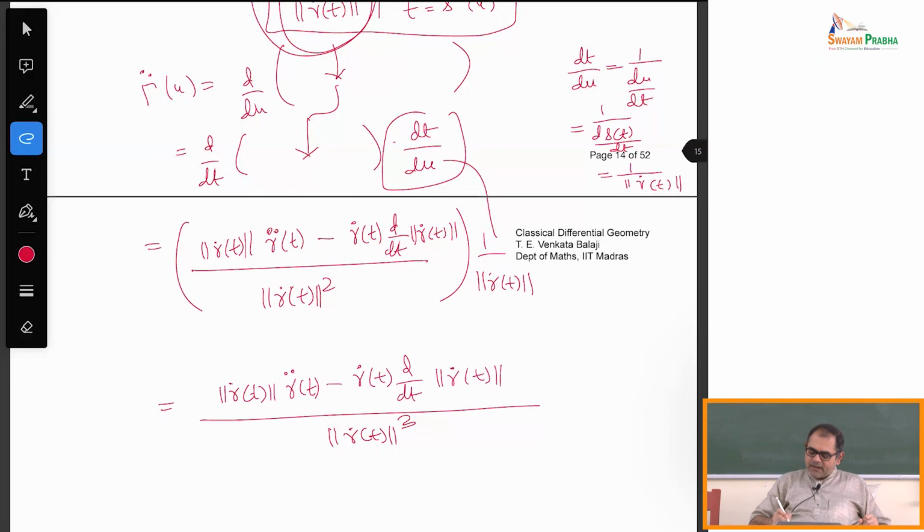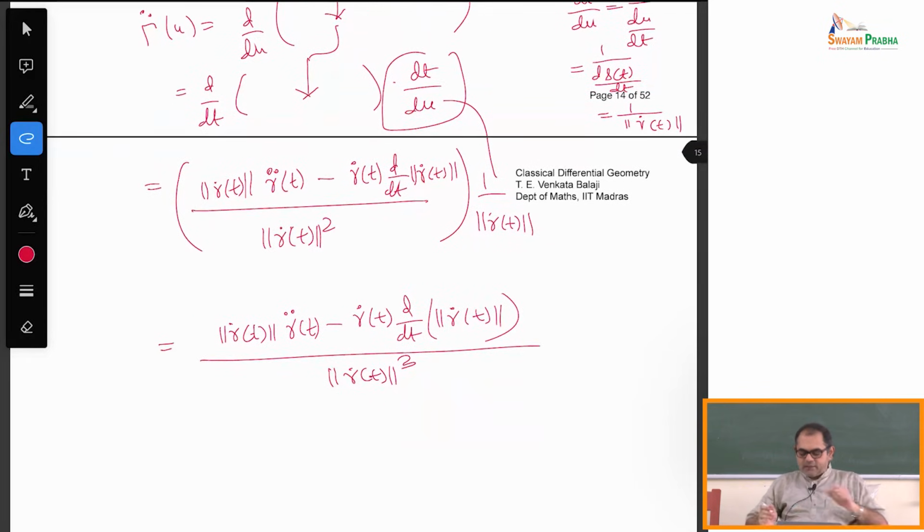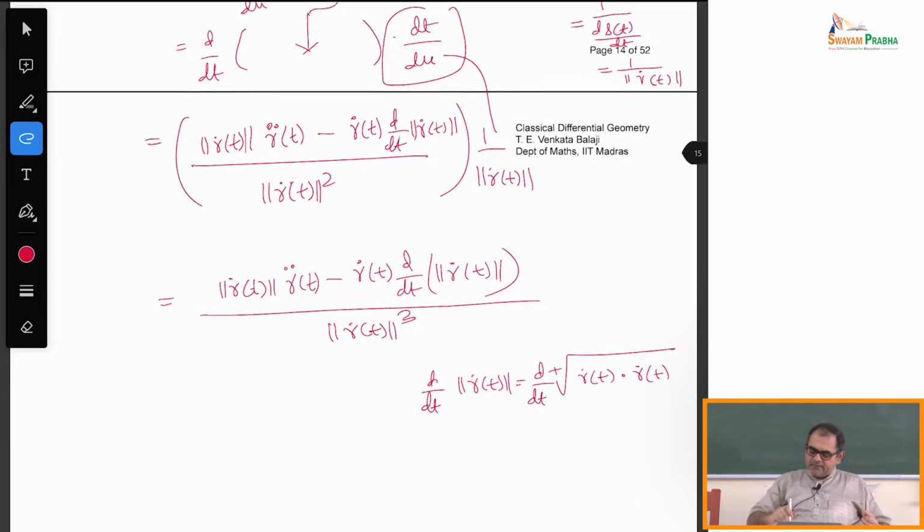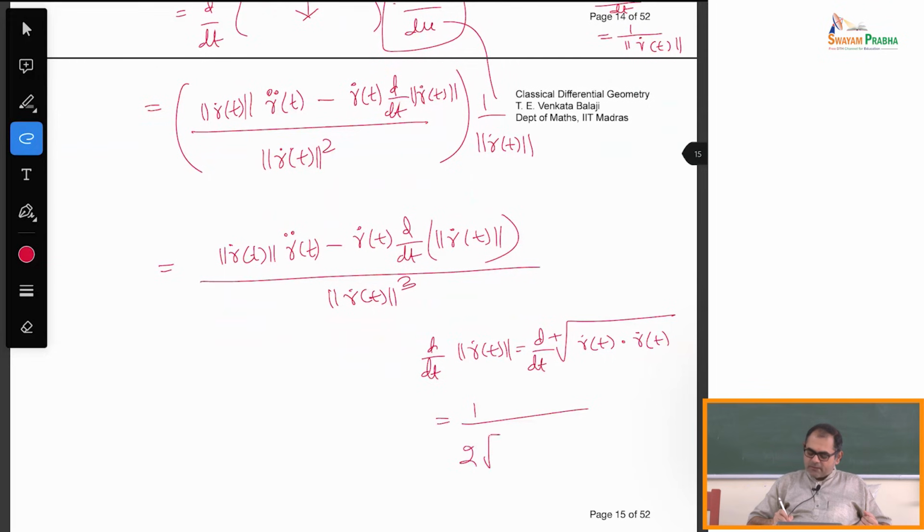So I need to tell you, it's obvious how to calculate d by dt of norm gamma dot of t. You can do it in two ways. Basically, the idea is you use the definition of norm as coming out from a dot product. One way you can do it is, d by dt of norm gamma dot of t is by definition d by dt of the square root of gamma dot of t dot gamma dot of t, and the derivative of a square root is 1 by 2 square root of gamma dot of t dot gamma dot of t, into d by dt of this product.